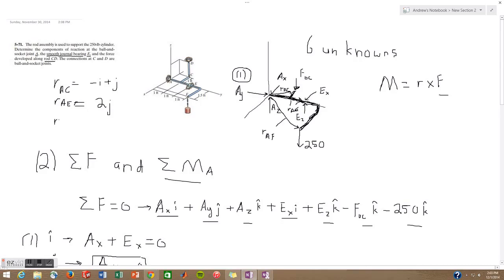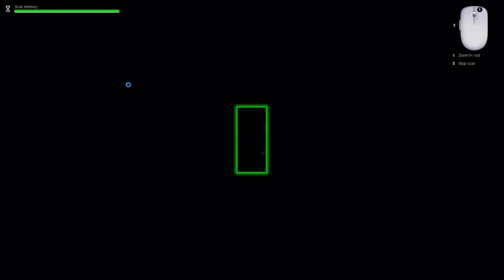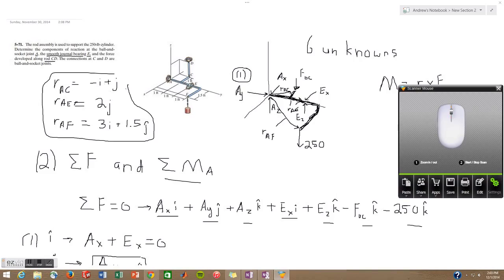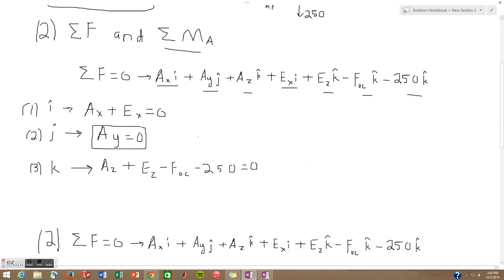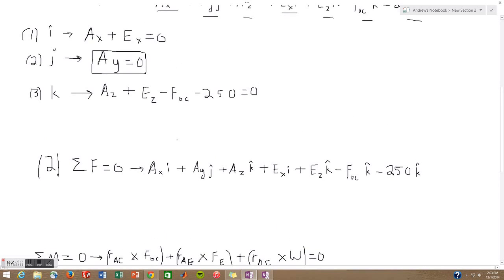Likewise for the RAF, it's going to be 3 feet in the positive Y and 1.5 in the positive X direction. Oops, sorry about that. It's actually a typo. That should be 3J plus 1.5I. But I'll fix that later.